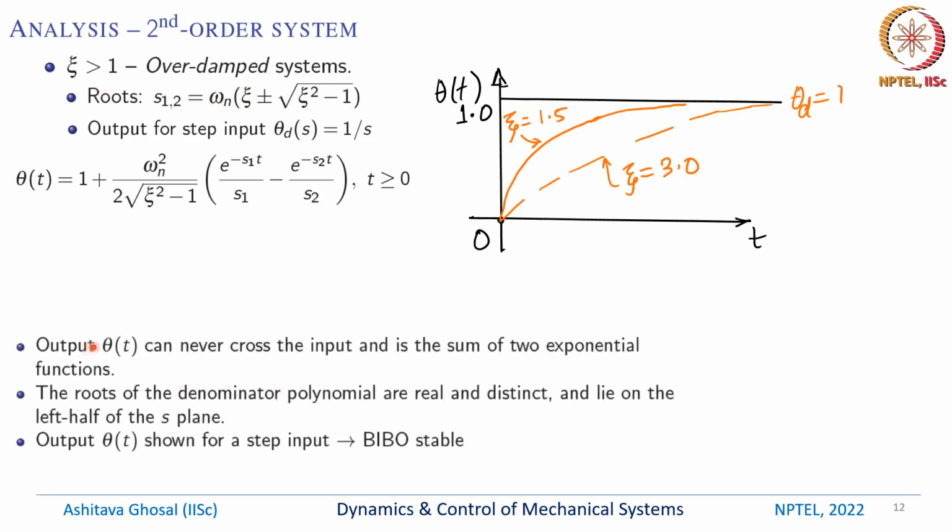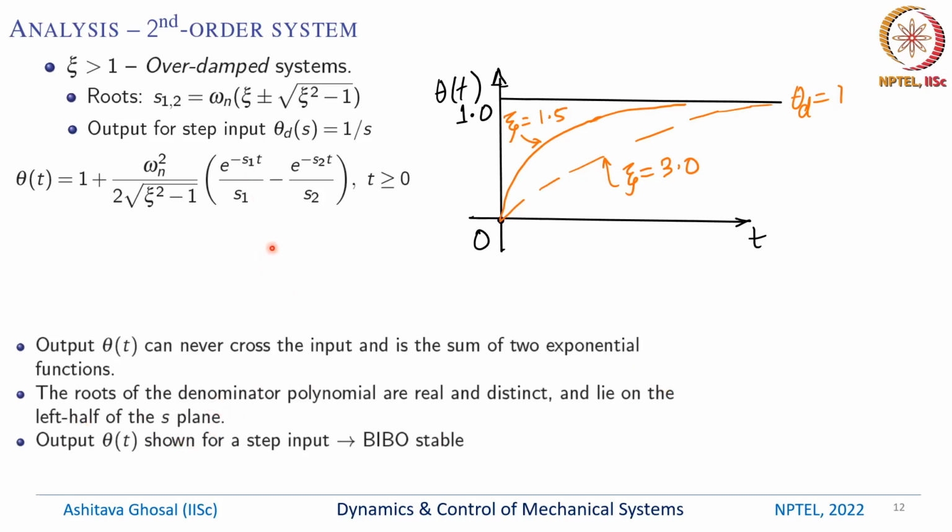Again, the output theta of t can never cross the input and is the sum of two exponential functions. You can see this is one exponential function, this is another exponential function. So the output is the sum of these two exponential functions. The roots of the denominator polynomial are real and distinct and lie on the left half plane.